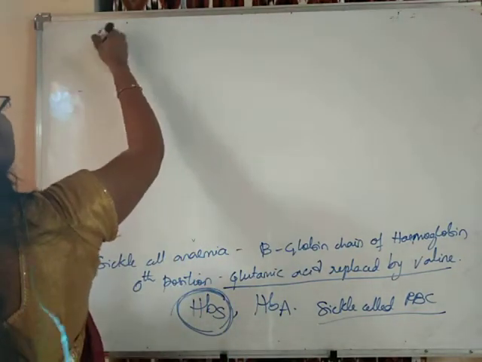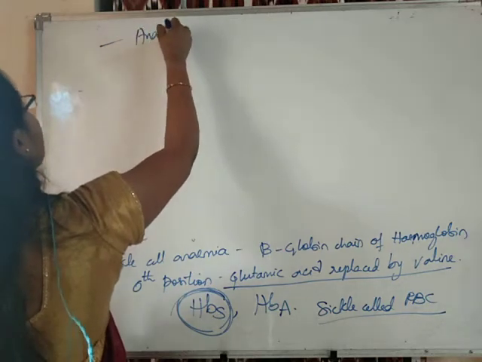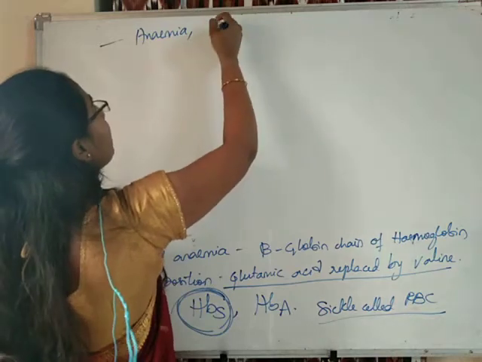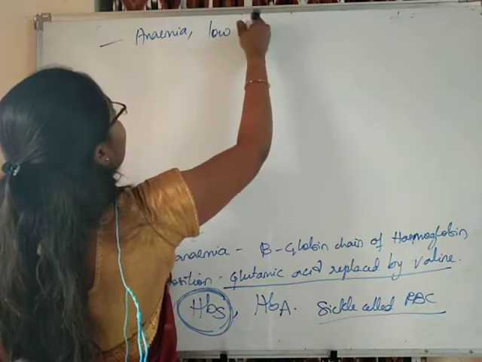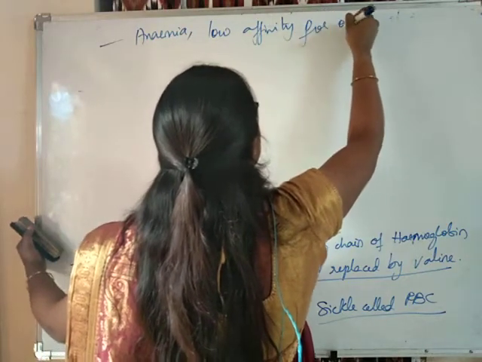Sickle cell red blood cells cause anemia. They are not able to transport properly, they have very low affinity for oxygen.